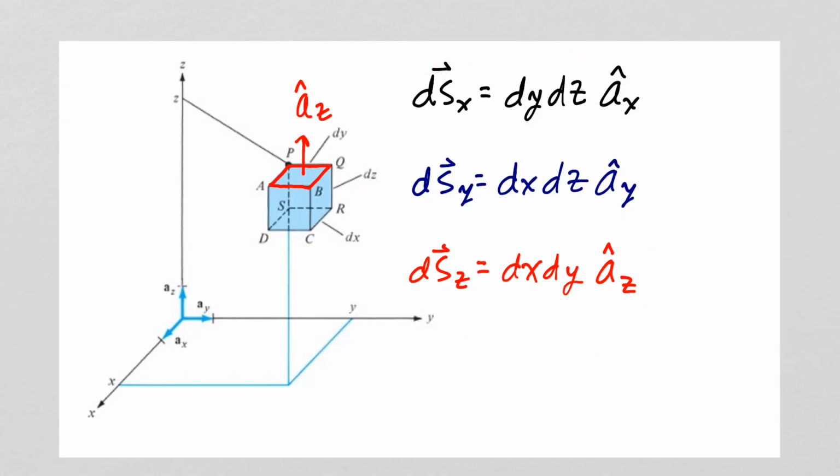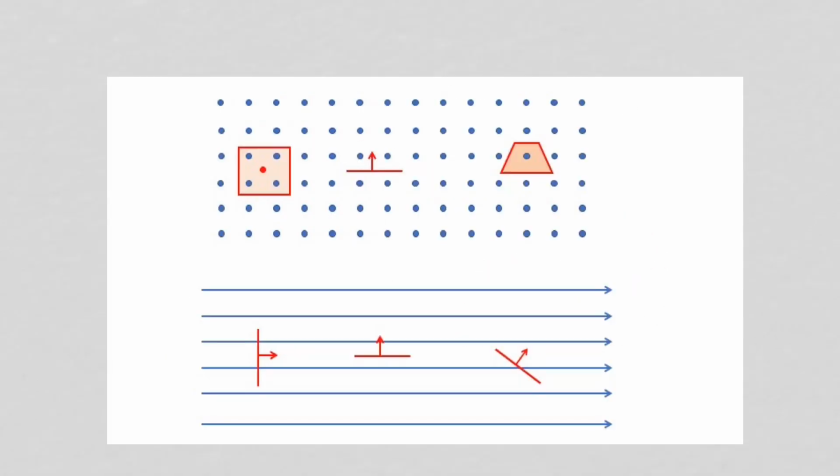The reason we treat differential surfaces as vectors is that it will be useful when we're trying to determine the amount of flux going through a surface. To qualitatively illustrate that, let's look at some uniform vector field as shown in this figure.